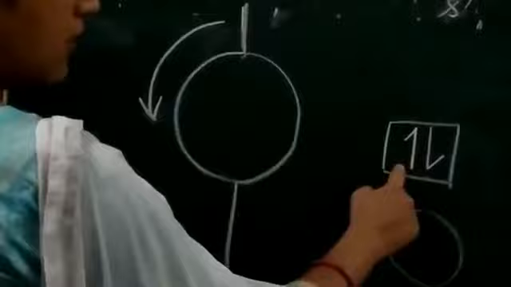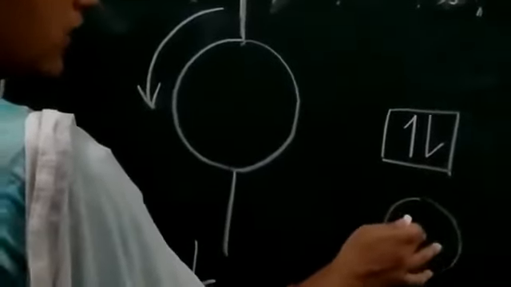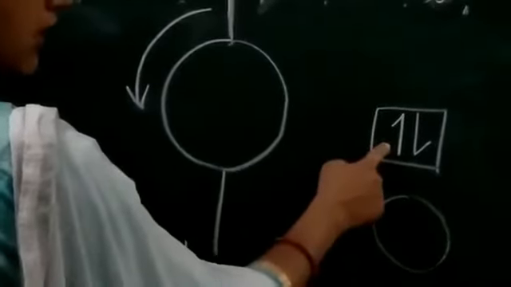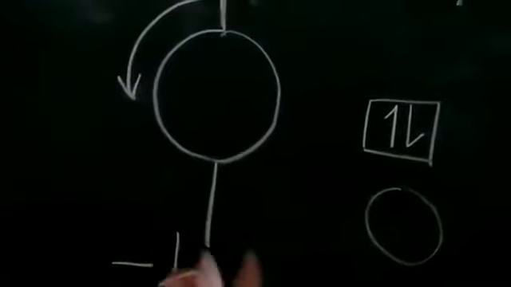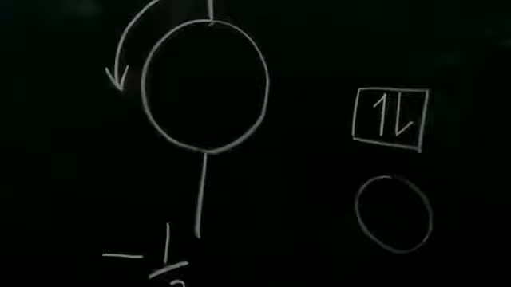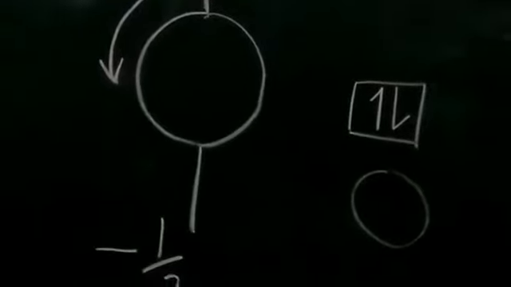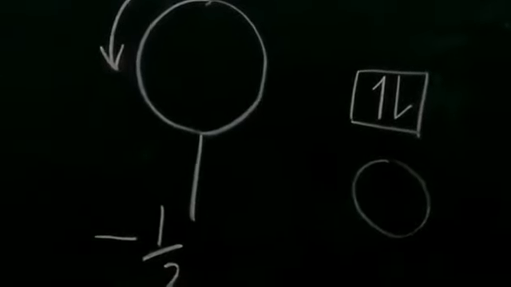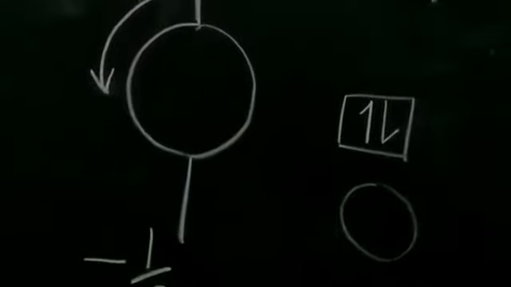We can either have no electron, an empty orbital, or one electron in the orbital, or two electrons, but we can't exceed 3, right? For a third electron to be accommodated, we have to move to another orbital. So in an orbital, we can have only two electrons because we have only two possible spins of an electron, that is clockwise and anti-clockwise, right?